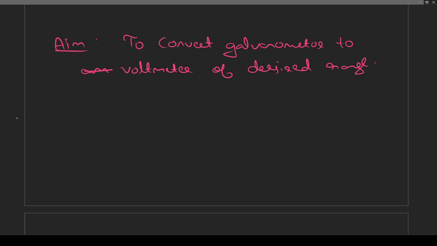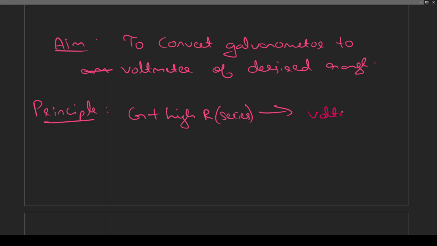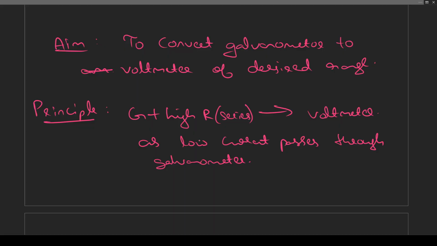Apparatus, everything is there in the circuit itself. Principle, as I said before: galvanometer plus high resistance in series gives a voltmeter, or acts as a voltmeter, as low current passes through the galvanometer. We should not write like this, as I have written it already before, and to save time I am writing like this.